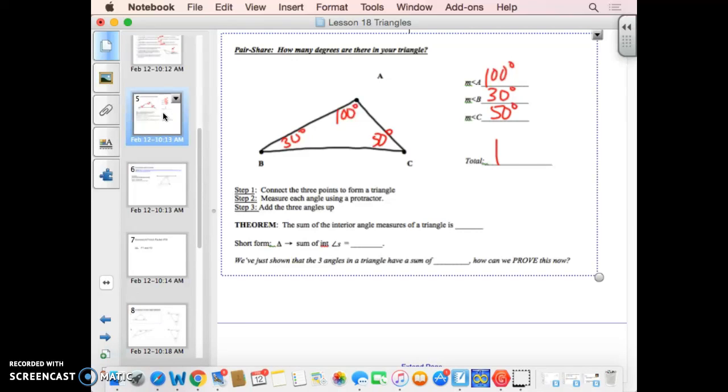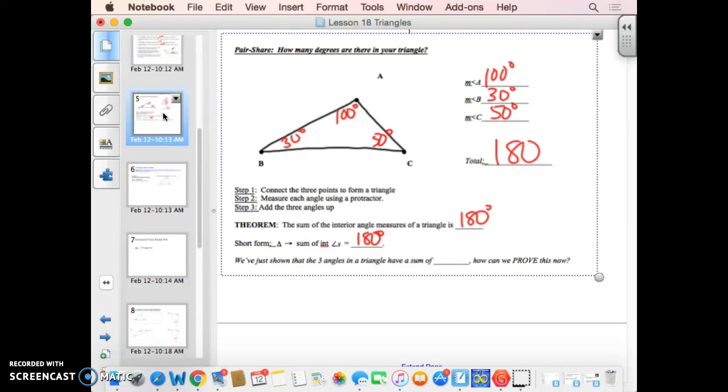But if you do add all these up, you should have gotten a total of 180 degrees. And this brings us to another theorem, and this is true of all triangles: the sum of the interior angle measures of all triangles is 180 degrees.